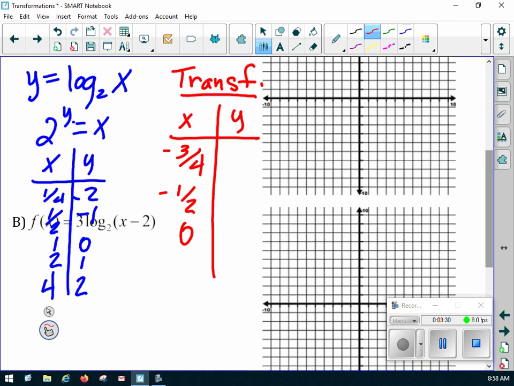Half minus 1, 1 minus 1, 2 minus 1. 1/4 minus 1 would be 1/4 minus 4/4 to get a common denominator. So it'll be -3/4.